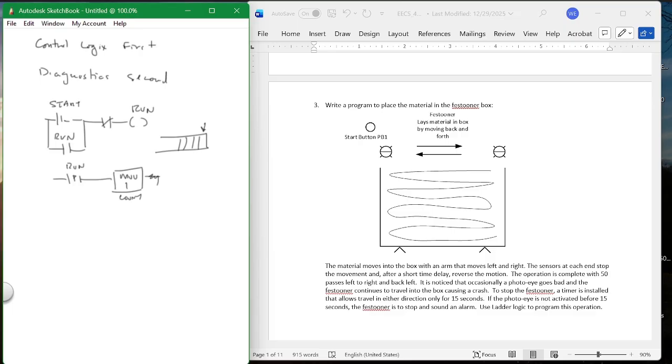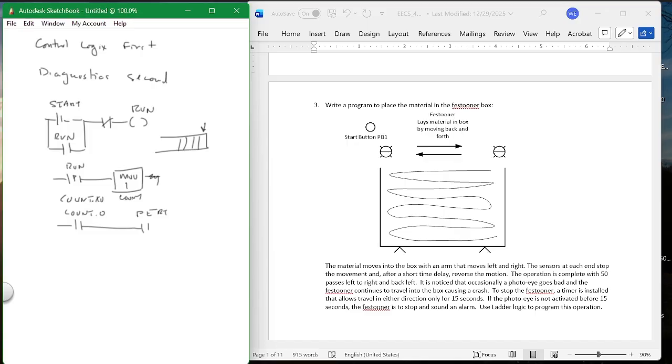Okay, so I'm going to say if it's a 1 or an odd number, and that's the bit here in count. If count dot 0, if you're Allen Bradley, it's dot 0. If you're Siemens, it's dot x0, is on, I'm going to the right. And when I hit the photo eye at the right, now I have to make a choice here.